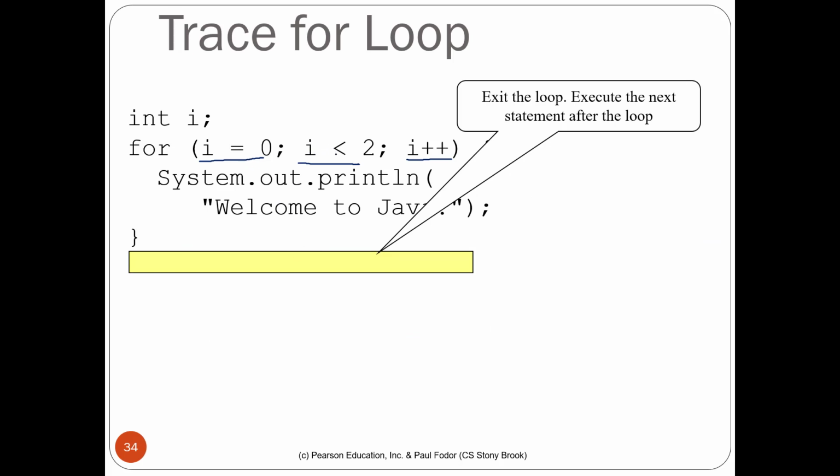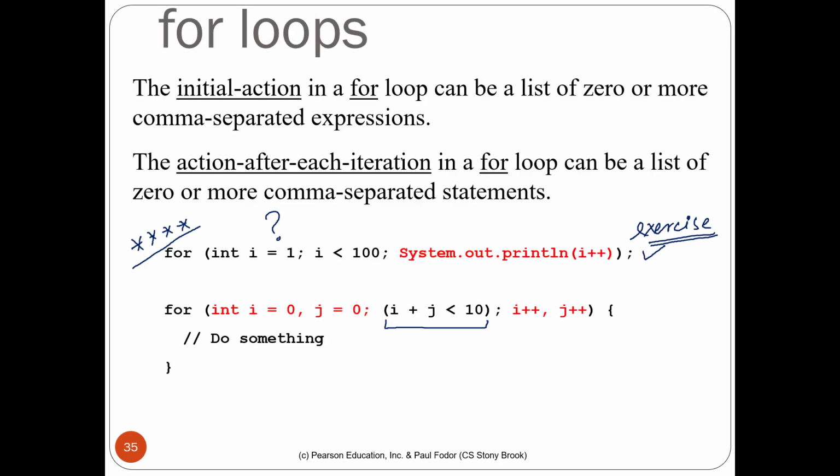In this case, we have two variables i and j declared as integers and initialized to 0, and then our condition is that the sum of i plus j should be less than 10. In the third part, we are incrementing i as well as j. All right, so these things are allowed.